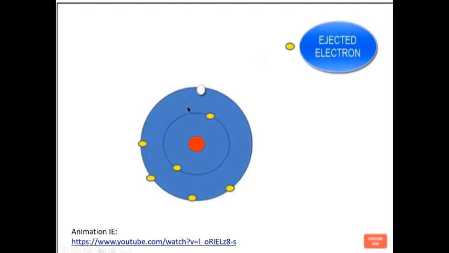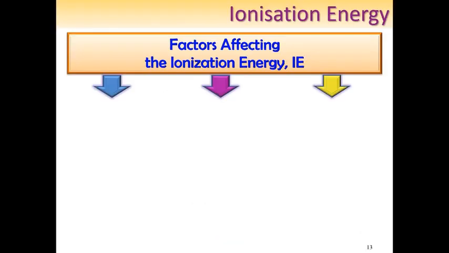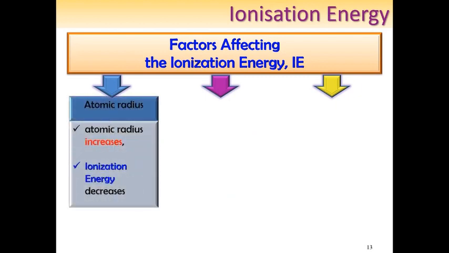There are three factors affecting the ionization energy. The first one is atomic radius. As the atomic radius increases, the ionization energy decreases. It's easier to understand if you imagine a larger atom.